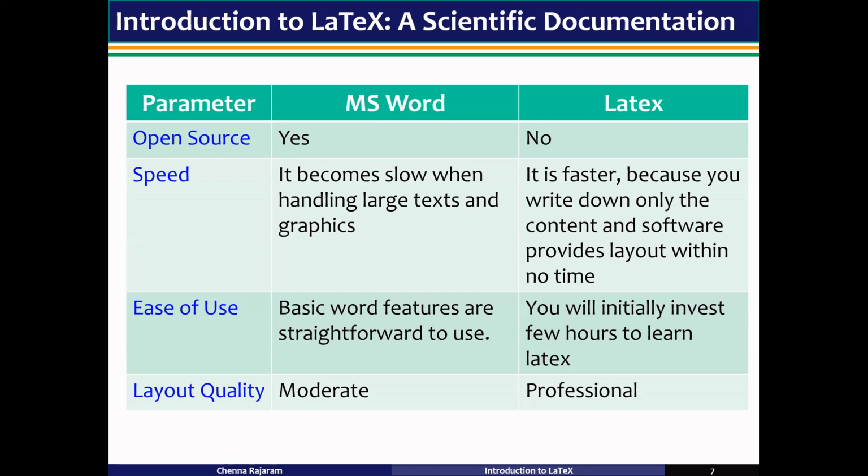MS Word provides basic word features that are very straightforward to use. In case of LaTeX, initially you have to invest a few hours of time to learn it. The layout and quality of MS Word is moderate, whereas in LaTeX it is professional.